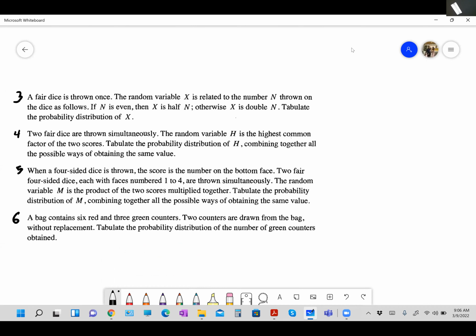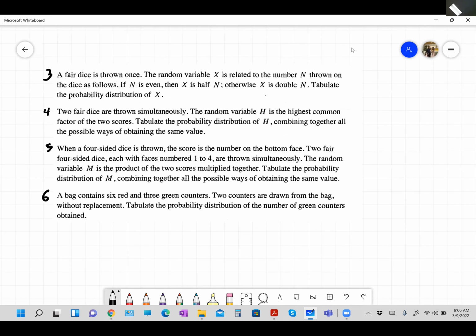So a fair dice is thrown once. So how many times are we throwing it? The random variable X is related to the number N thrown on the dice as follows. Number 3. If N is even, then X is half.